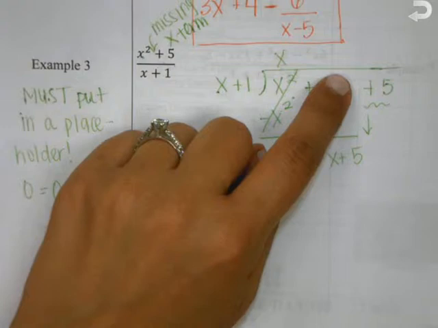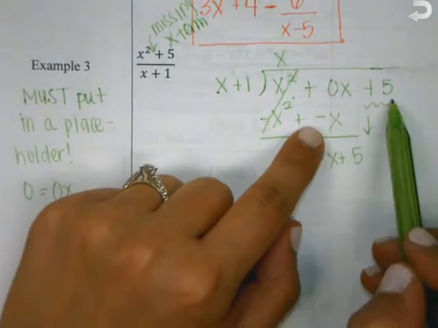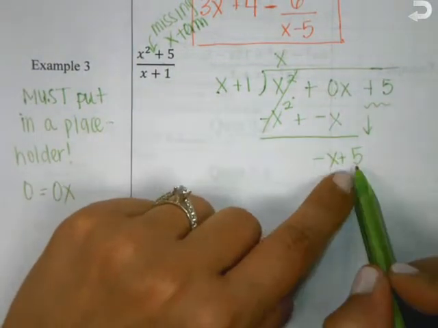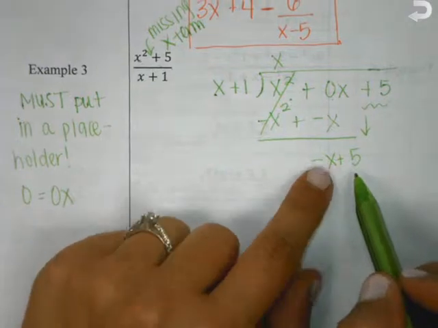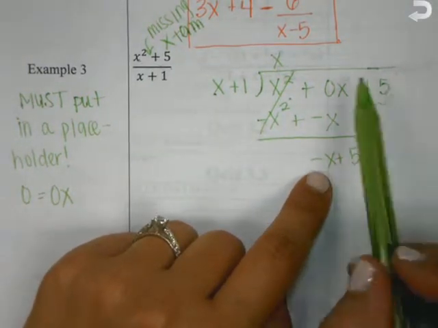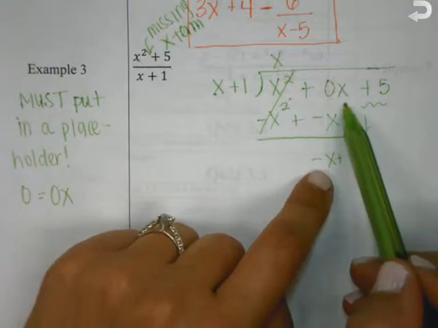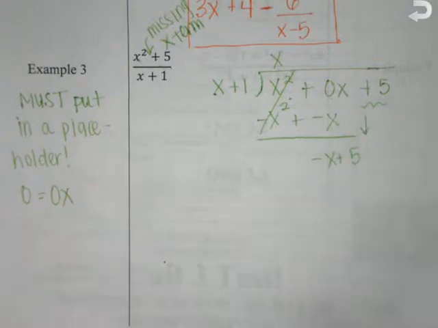Okay, I've seen it so many times where we're missing a term, students don't put a placeholder, and then they end up combining terms that aren't like terms. Okay, and so then on your test I put a big circle and I write not like terms. Okay, so make sure that you first thing check if there are any holes or missing terms. Okay, so that way even if we put a placeholder, at least we're lining up 0x with x. Okay, so let's keep going.